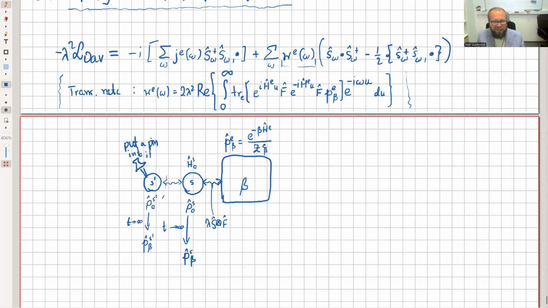Because strictly speaking, we haven't considered this part yet. I believe, and I think most physicists would believe, that this is what will happen. This is the essence of thermalization. But so far, we just investigated this first transmission of the disease.